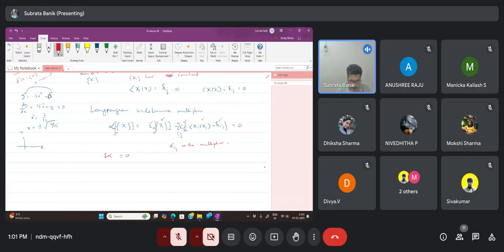We have to find delta E 0 minus delta sum over ij epsilon ij. This has to be 0.